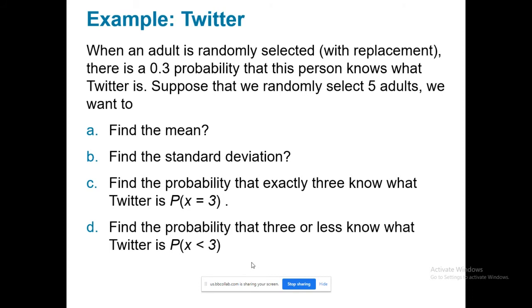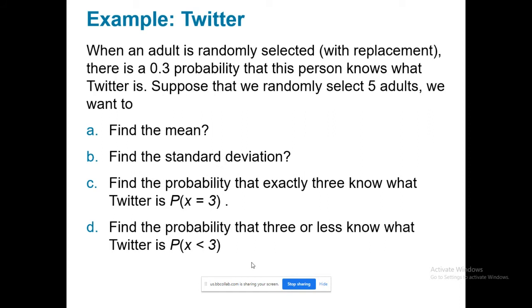All right, so we have a Twitter example, and this example reads, when an adult is randomly selected, and this is with replacement, there is a 3/10 probability that that person knows what Twitter is. Suppose that we randomly select 5 adults and we want to determine the following.